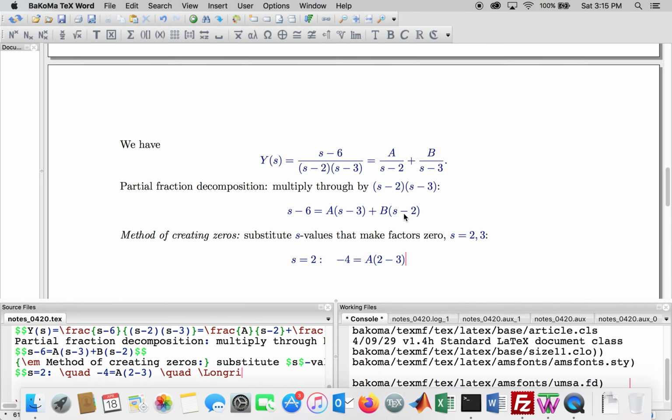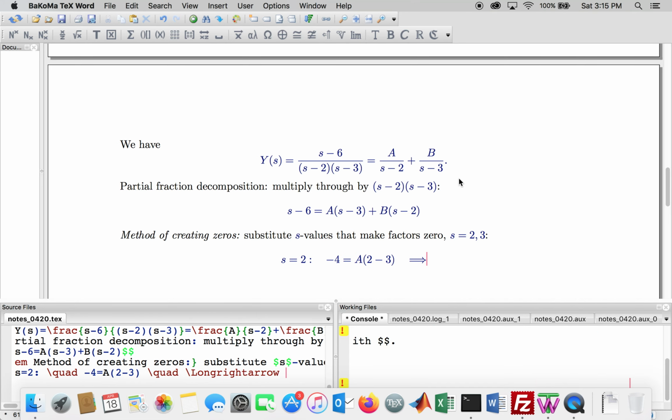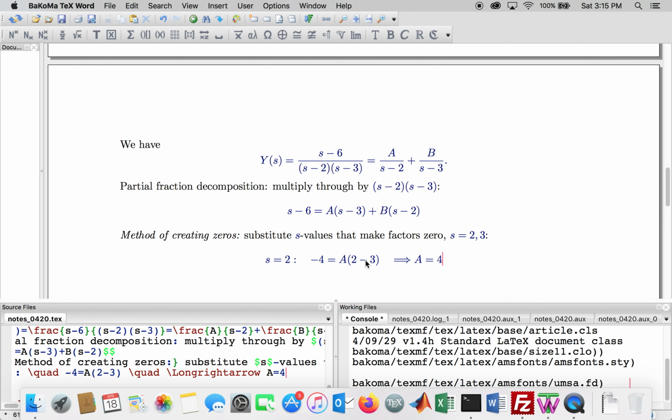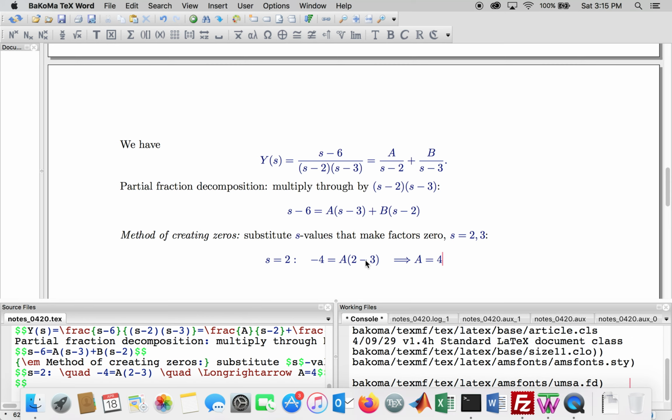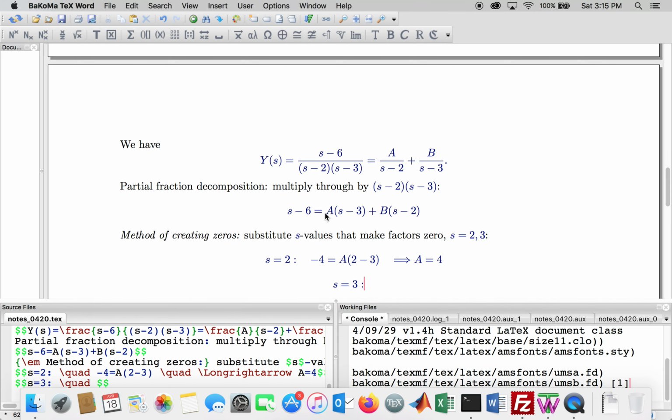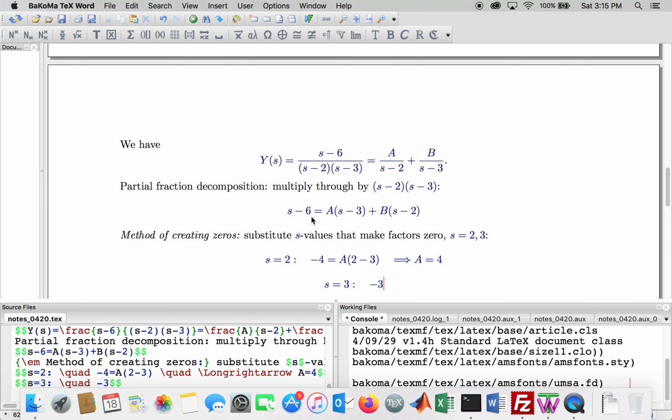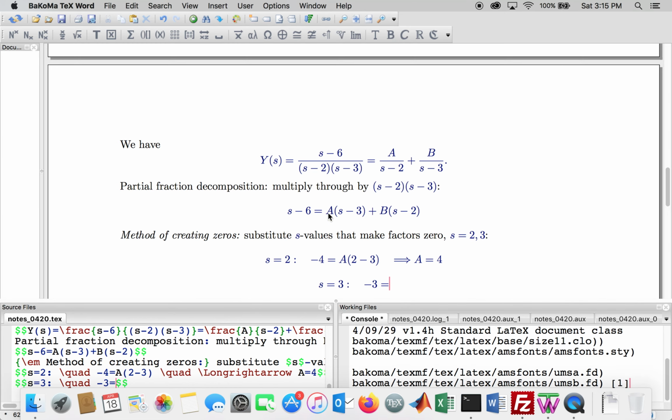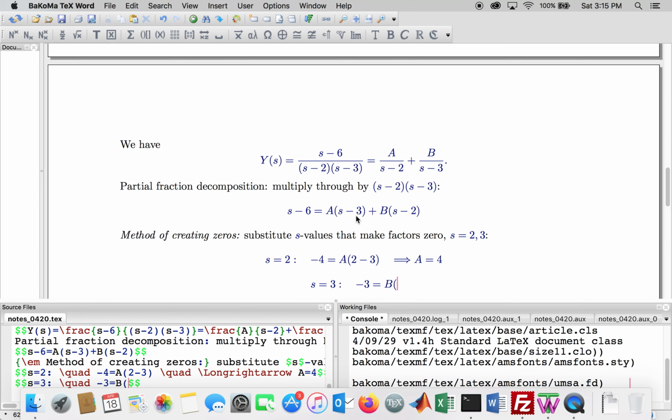So what that gives us is minus 4 equals minus A, so A is equal to 4. And then similarly, s equals 3, I'll get 3 minus 6, so minus 3 on the left. And then I plug in s equals 3, this term will go away, and then I'll have B times 3 minus 2.